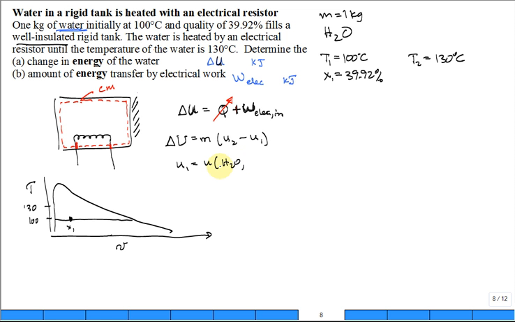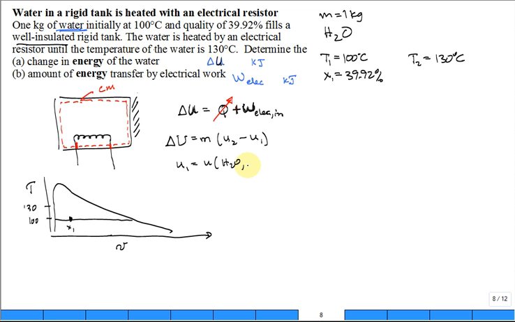Don't forget it's water. Sometimes people say, oh, let me go to the refrigerant table or whatever, right? Let me use PV is equal to RT because I used it before in the previous problem, ideal gas equation, right? Don't use that for water, especially in the dome. Believe me, I've graded enough exams. Students forget what substance they're working with, and they run off and grab whatever table and whatever equations.